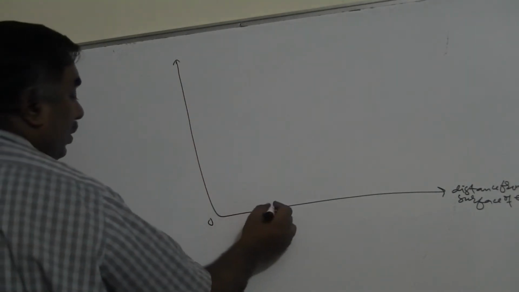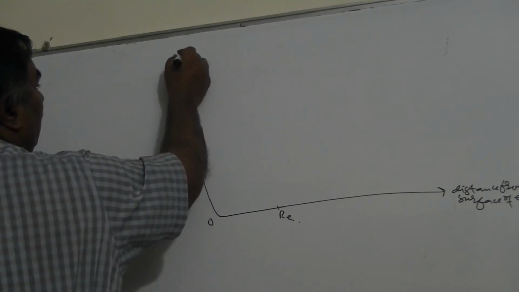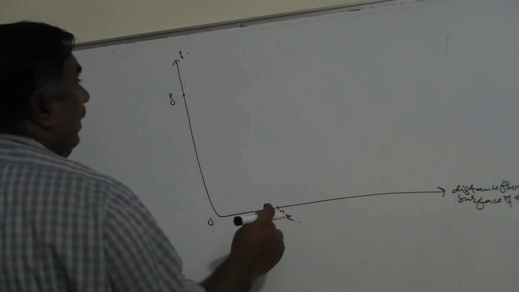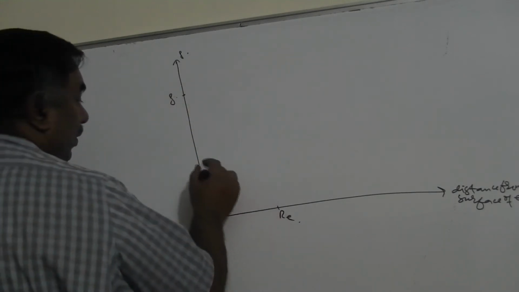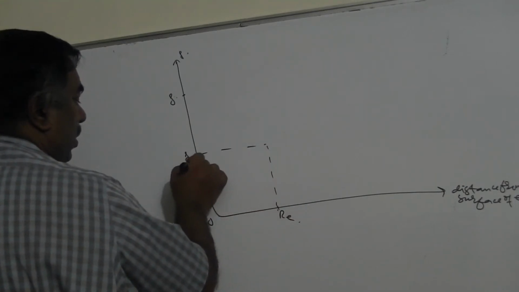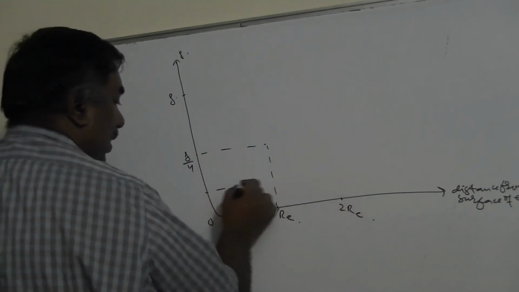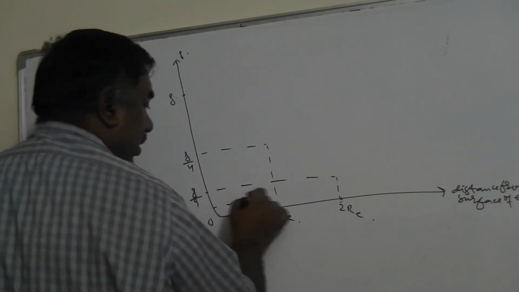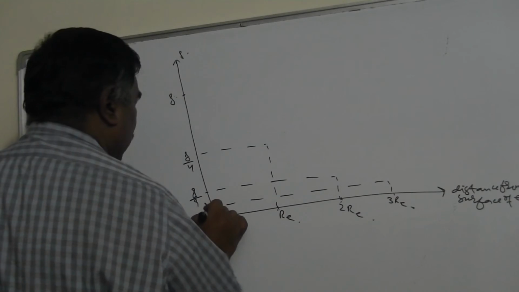So this is 0, this is RE. 0 means at the surface of the Earth, the value of g will definitely be g. RE means it is at a distance twice the radius from the center. So this will be g upon 4. And 2RE is actually thrice the radius of Earth. This will be g upon 9. And 3RE will be g upon 16, and so on.